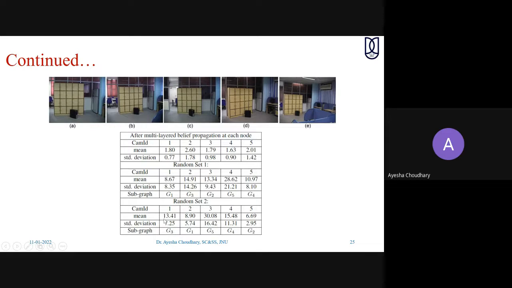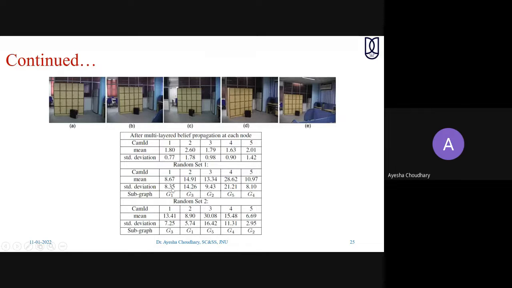Similarly, here we are taking the P1 from graph 3 and doing reprojection, the mean error is 13.41. That means there is a difference of at least 13 pixels between the original point and the point that we have reconstructed. But over here, after multi-layered belief propagation, the error goes down. The mean error becomes 1.8, and so does the standard deviation.